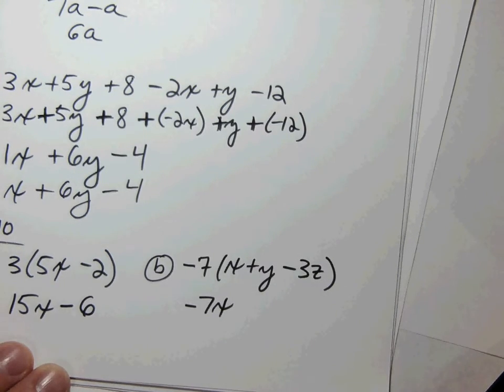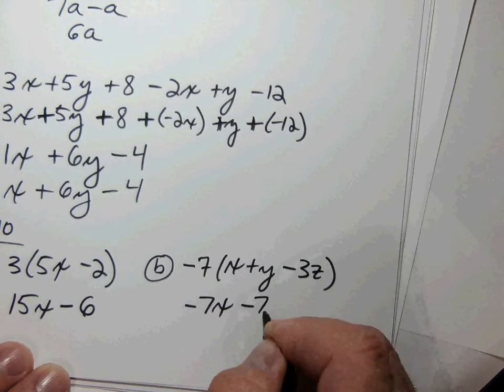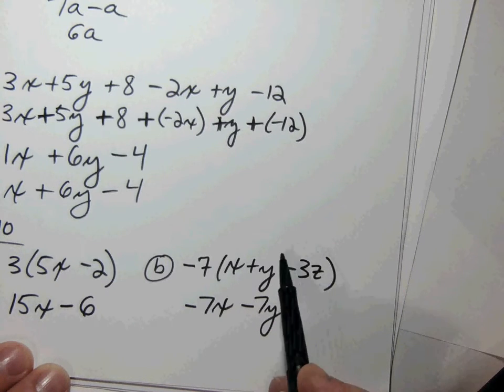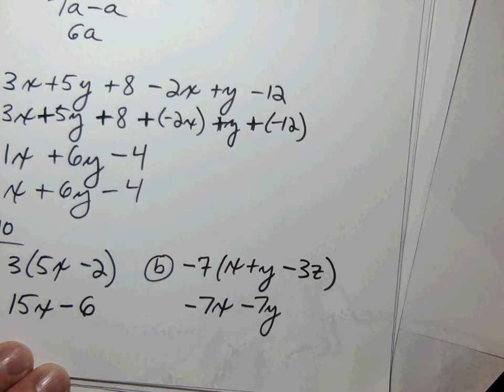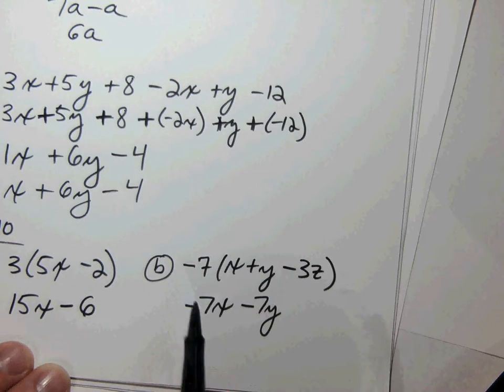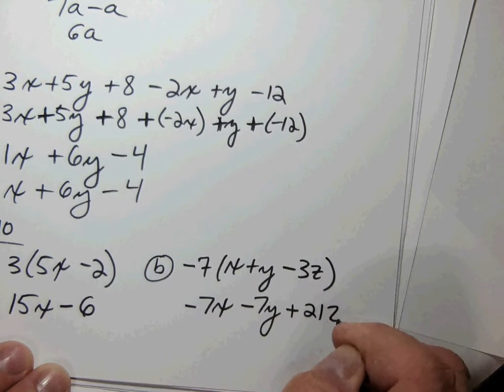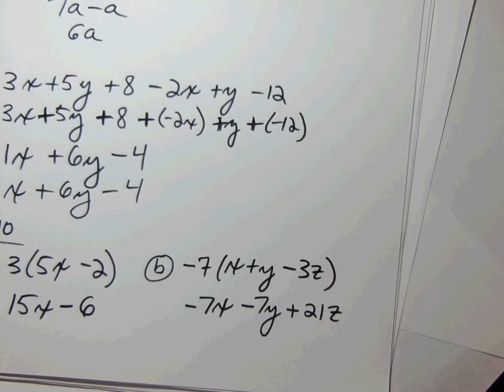Negative 7 times positive y is negative 7y. Okay, and then I want to think of that, instead of thinking that as minus a positive 3z, that's really plus a negative 3z. That's a negative 3z in my mind. And if I take a negative 7 times a negative 3z, negative times negative gives me positive 21z. Okay?